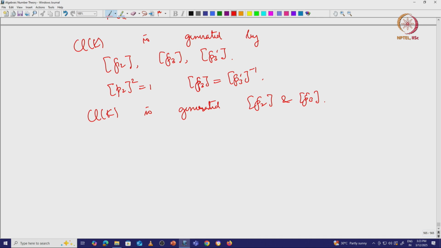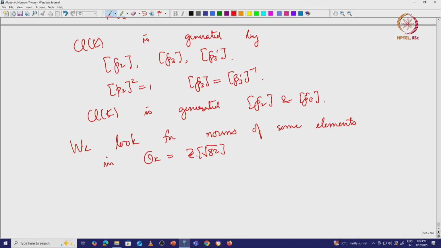So what we are going to do is the following: we are going to look for norms of some elements in OK, which is simply Z square root of 82, that are divisible by 2 and 3.